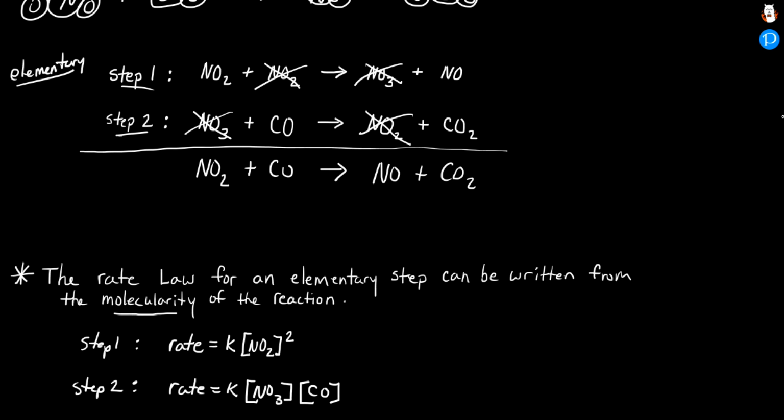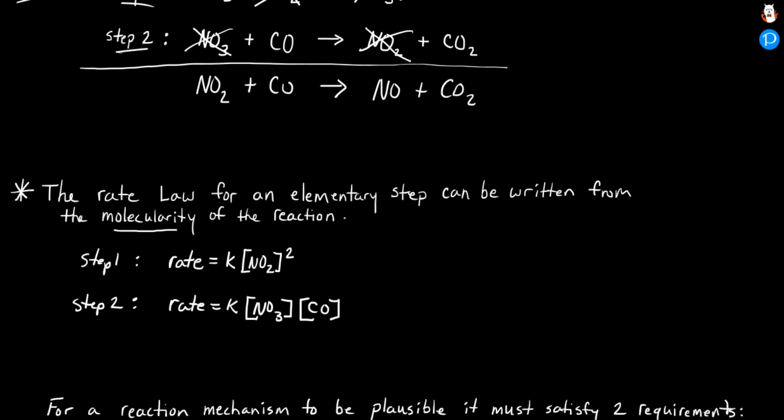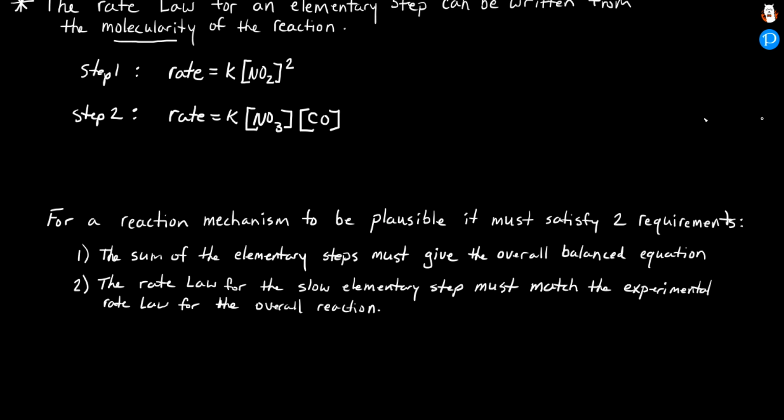And the last thing is this. For a mechanism, if we propose a list of steps for an overall reaction, there are 2 things that it needs to satisfy in order for that mechanism to be possible. The first thing is the sum of the elementary steps needs to add together to give the overall balanced equation.